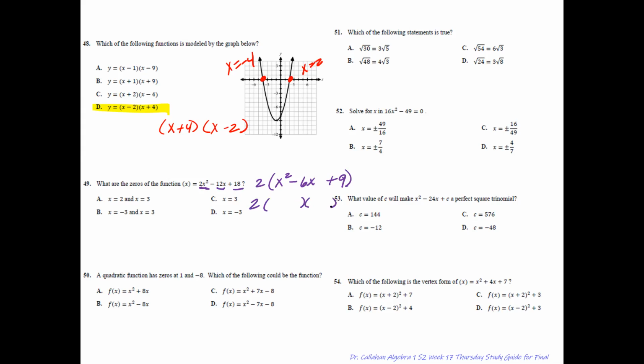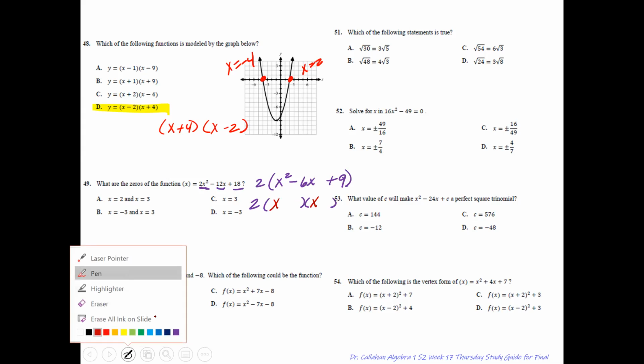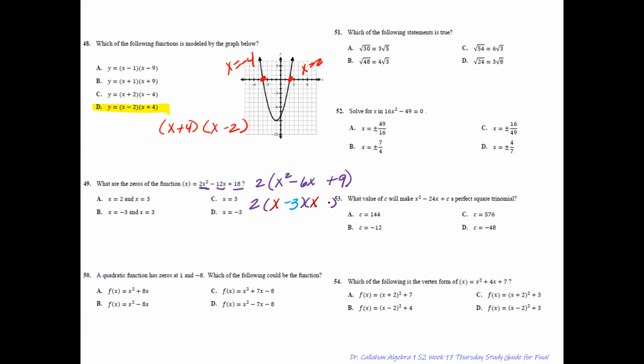Now I can factor this. What times what gives me a 9, but when I add it together, gives me a -6? -3 and -3. X equals +3, and x equals +3. So my correct answer is just this one here. All right.